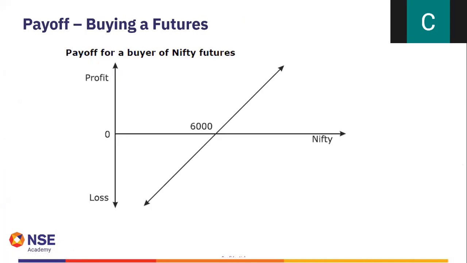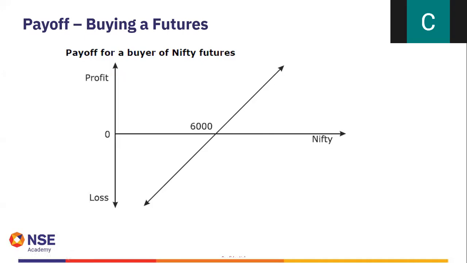Coming to the payoffs, like what exactly will happen when you buy a future, what is the volume of profits or losses a person will get. Say suppose you bought a futures contract at a level of 6,000.